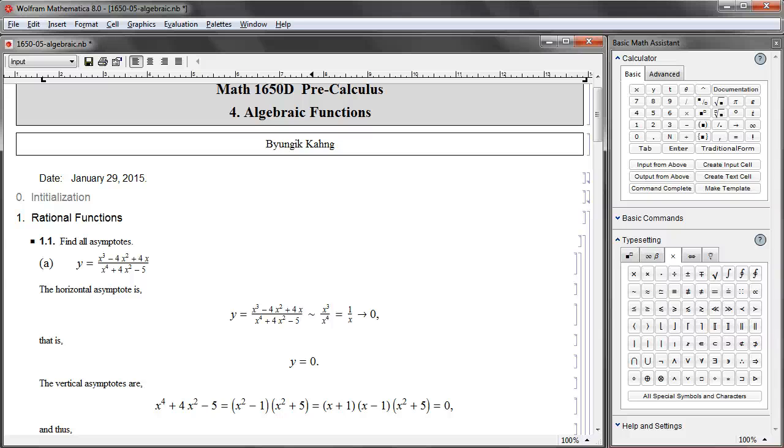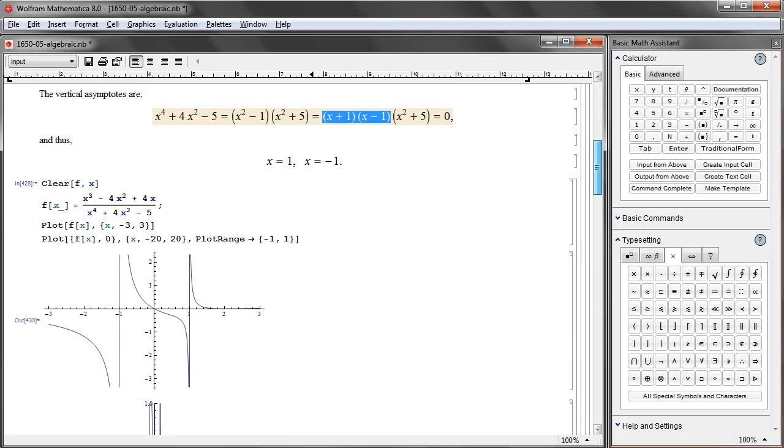Consequently, I'm going to get something really big, either positive or negative. Either way, I'm going to get a vertical asymptote. How do I get it? Factor the denominator further. I have x plus 1 times x minus 1. We have x equals negative 1 and x equals positive 1. Those are the vertical asymptotes.